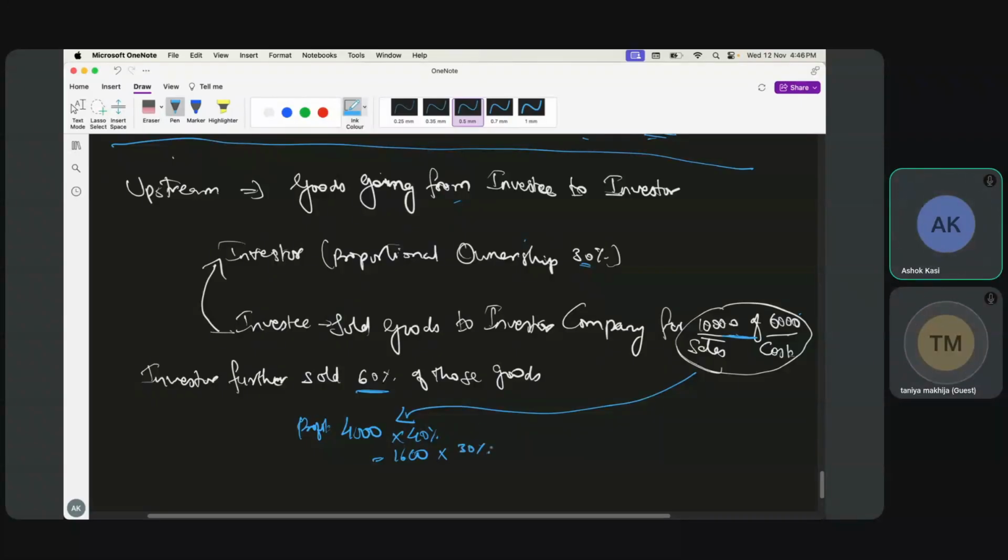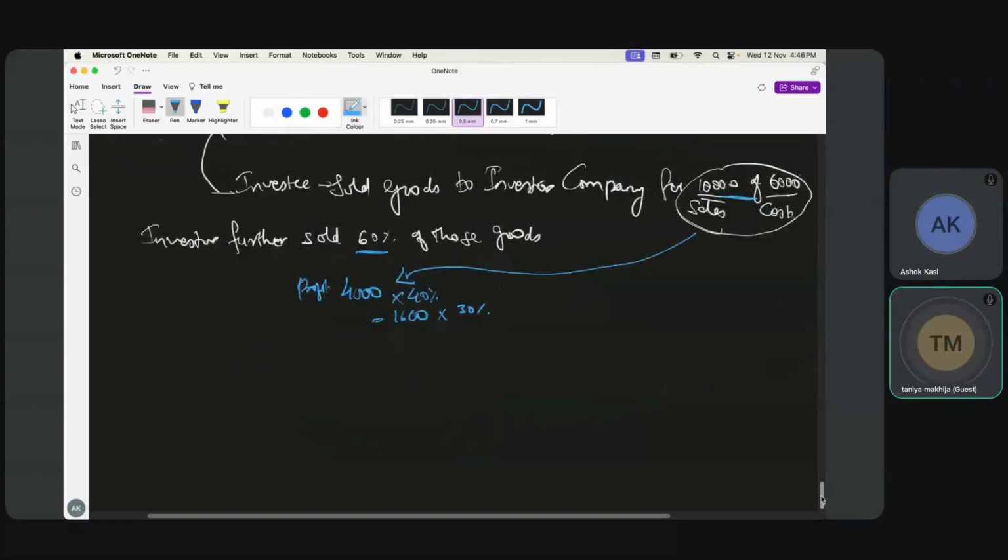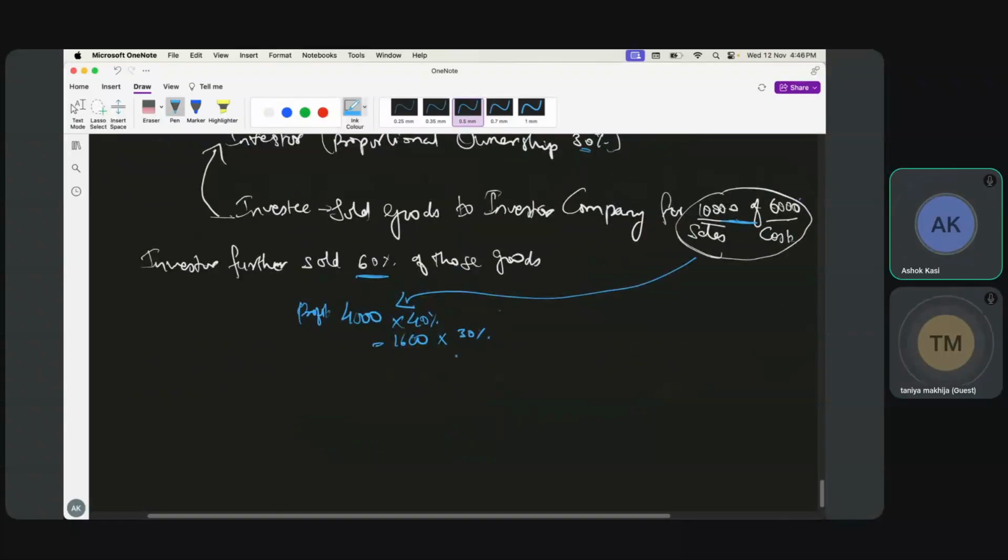So calculate how much it comes to. 480. So reversal of profit will happen.